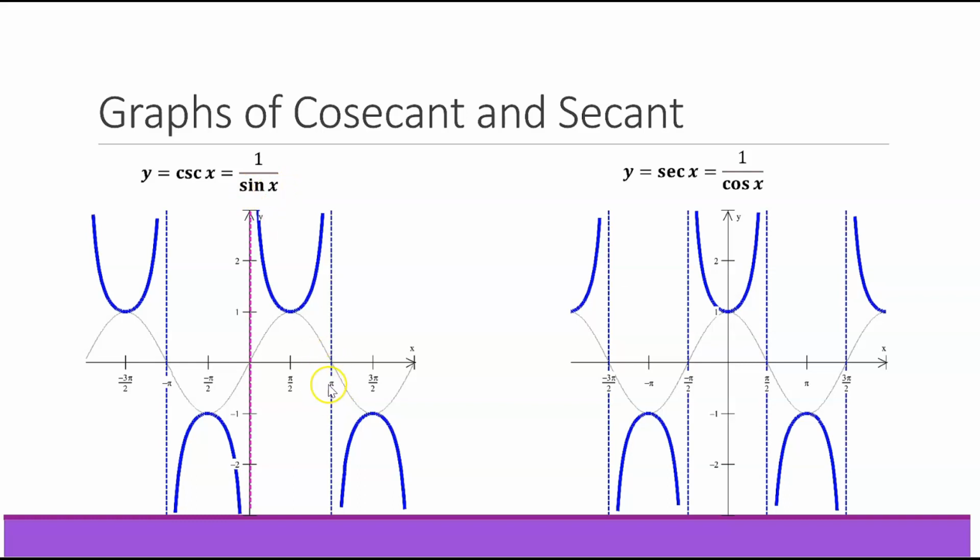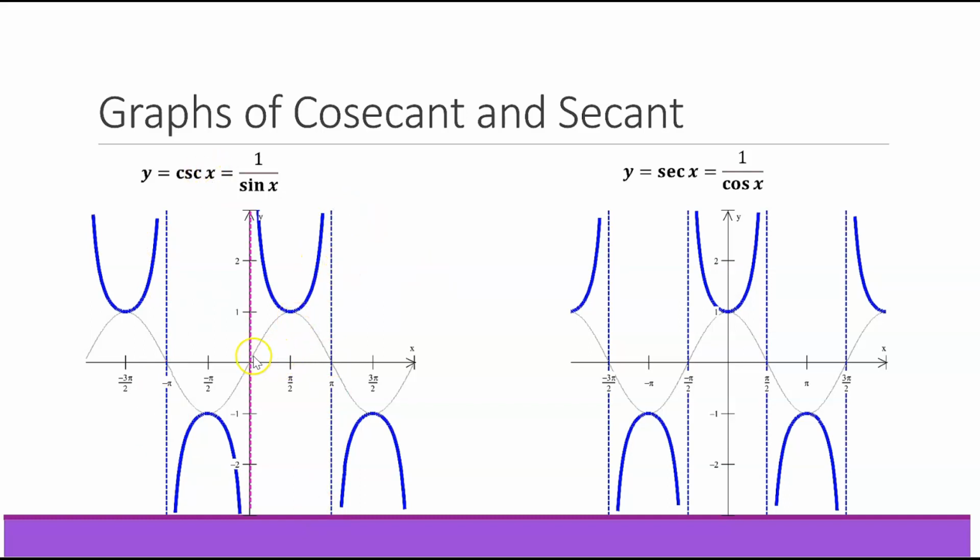So right here at pi, there's another vertical asymptote because I can't divide by 0. I can't plug pi into cosecant x because I'll get 1 over 0. So any place where the sine function is 0 is going to be a vertical asymptote on the cosecant graph.